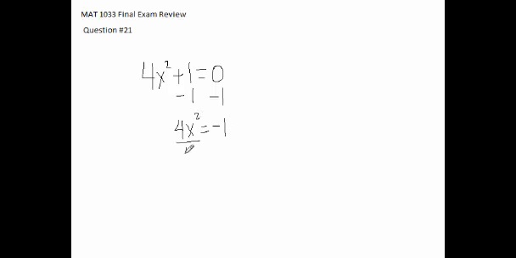And then divide both sides by 4, and have x squared is negative 1/4. Now students have a tendency here, when you take the square root of both sides, which is what we need to do, to just drop the negative because you don't like the idea of there being a negative under a square root.